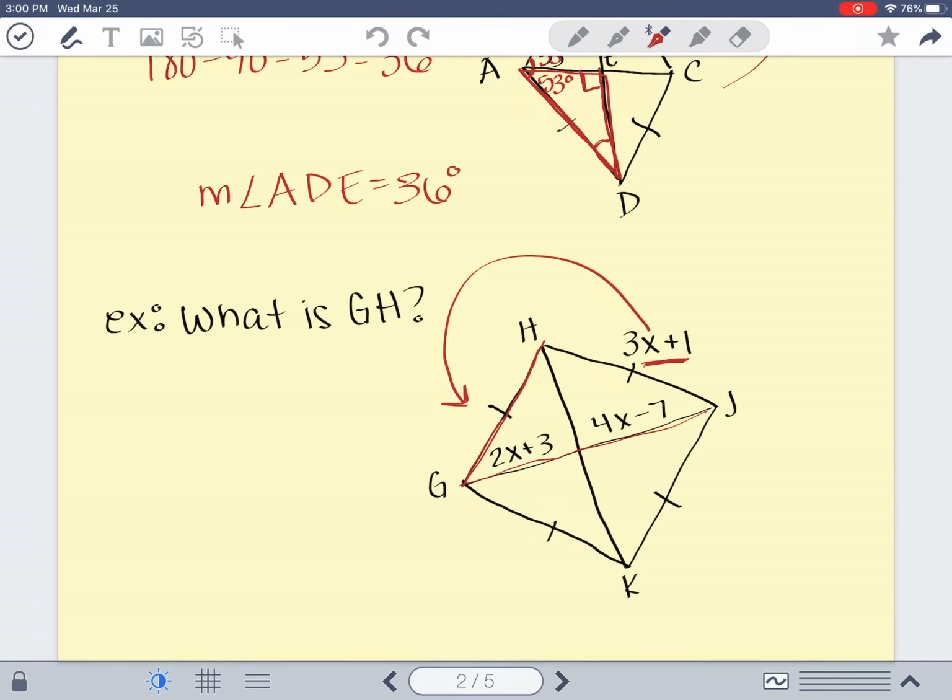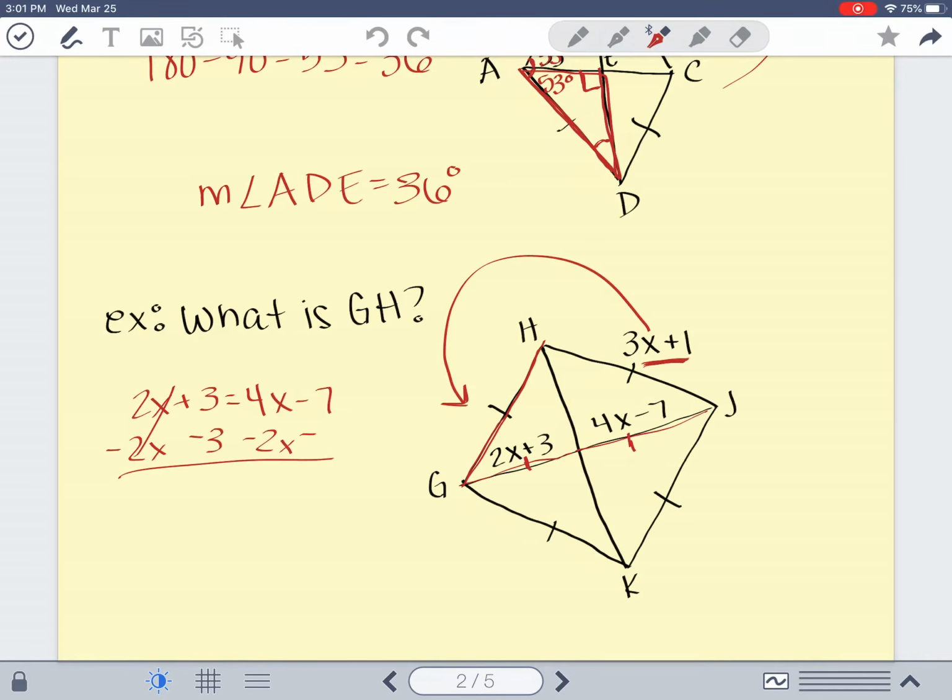Remember, diagonals bisect one another. So when a diagonal bisects, it makes two congruent pieces. So we can do 2x plus 3 equals 4x minus 7 and solve for x.